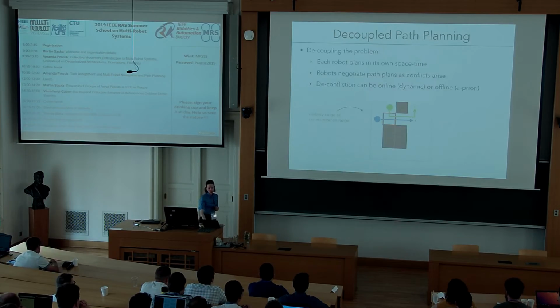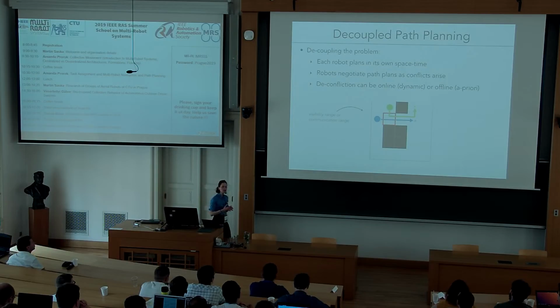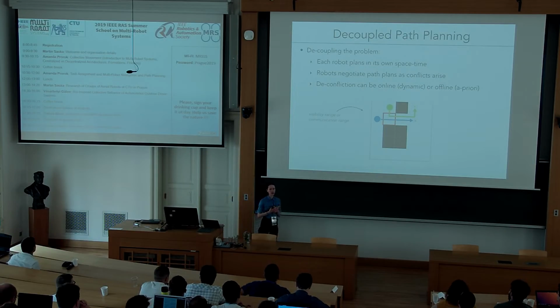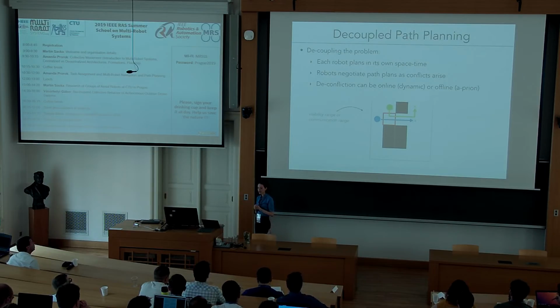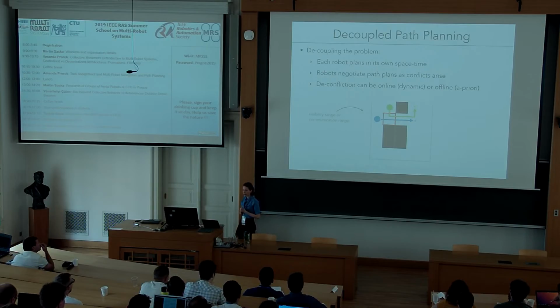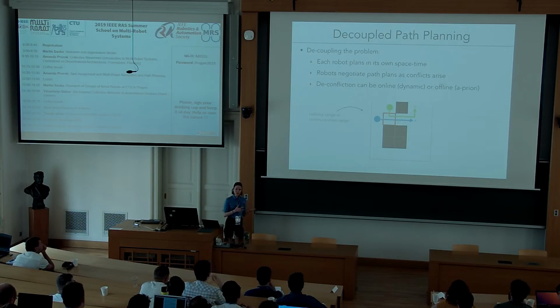So let's have a look at the decoupled path planning problem in a little bit more detail. And I also want to talk a little bit more about how we actually can go about designing different prioritization objectives or metrics or rules that do different things for us, okay? So when we decide that we're decoupling our problem, what are we actually doing?